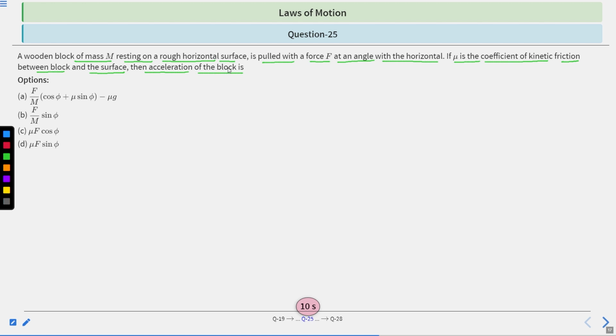Option A is F by m times cos phi plus mu sin phi, minus mu g. Option B, F by m sin phi, option C, mu F cos phi, and option D, mu F sin phi. Which option is correct? You have 10 seconds to solve this question. After that we will provide the solution.